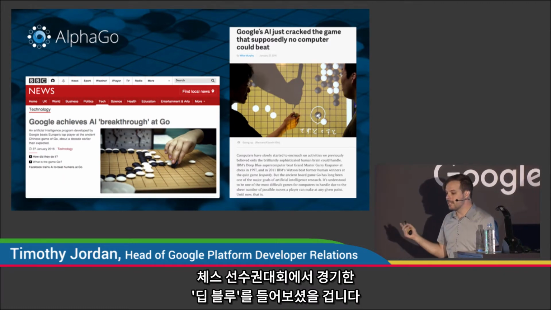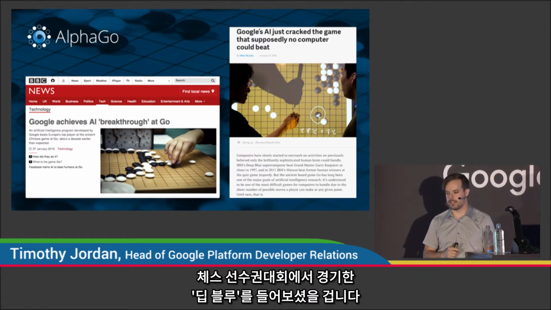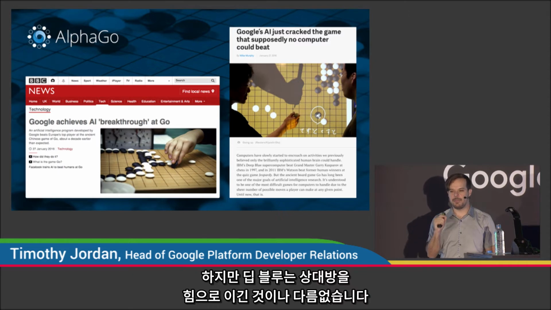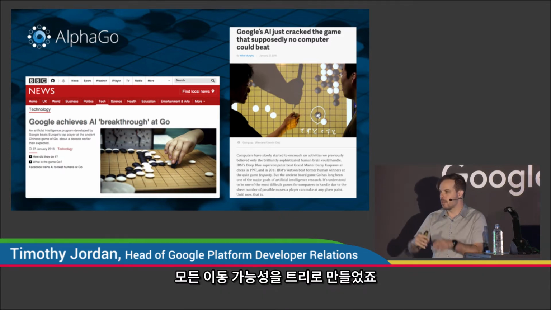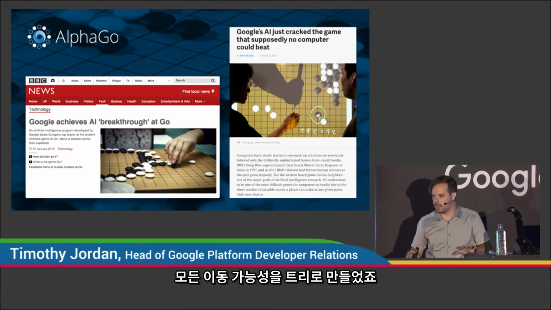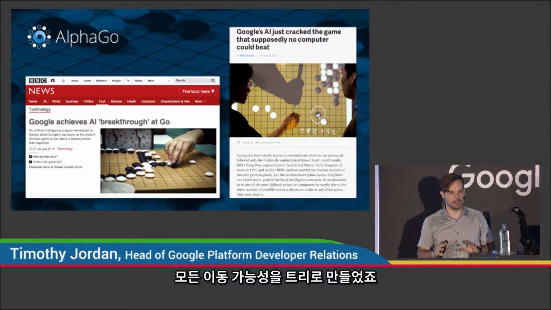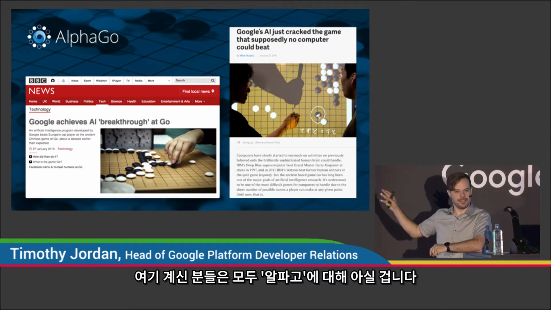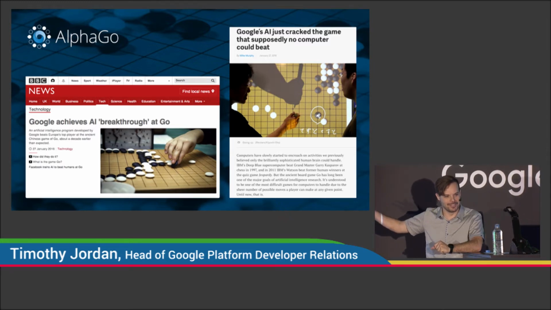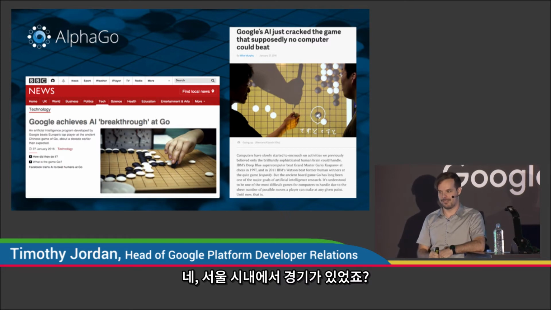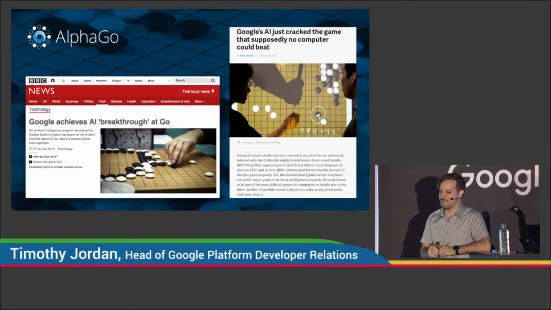Now, you might have heard of Deep Blue, the first computer to play chess at a championship level, but Deep Blue defeated their opponent mostly through brute force, by having a tree of moves that they could make. Now, I think everybody here knows about AlphaGo. Yes? No? It was here. It was down the street.